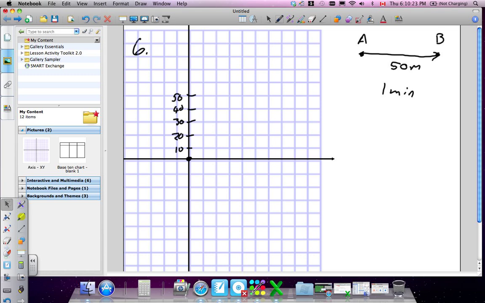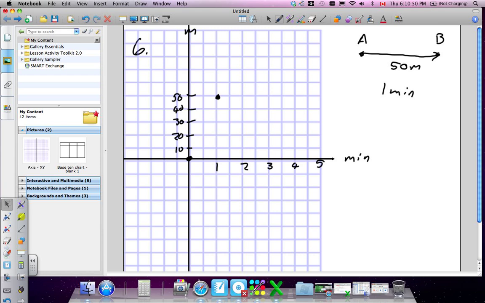It says she swims at a constant speed, correct? Yeah, so then we're dealing with a straight line, and it's done in minutes. So let's say this is in minutes, and this is in meters. That's 1, 2, 3, 4, 5, right? So, in other words, it takes her a minute to swim 50.